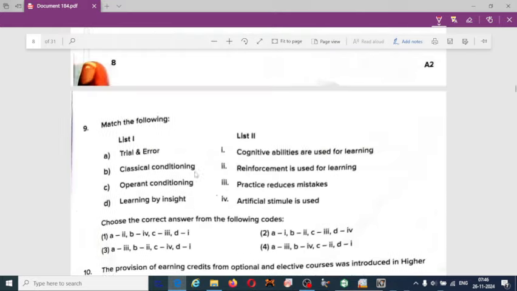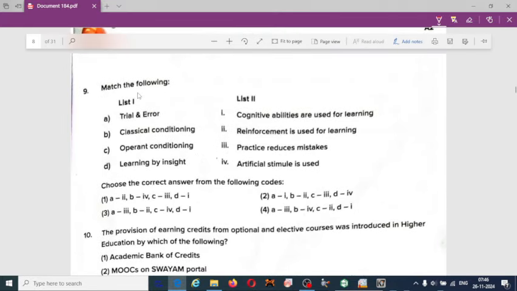Next question, match the following. Trial and error is related to A, 3, practice reduces mistakes. Classical conditioning is the fourth one, artificial stimuli is used.